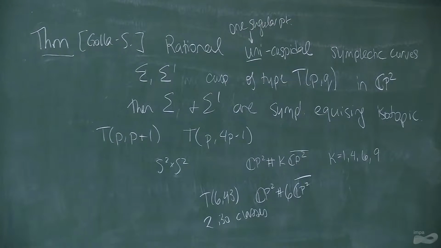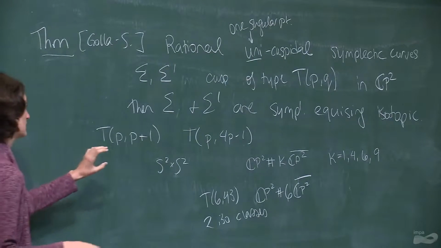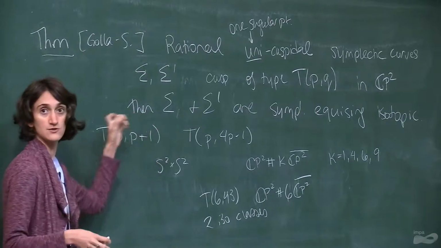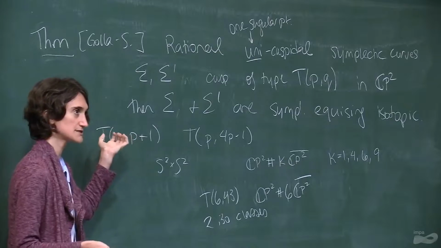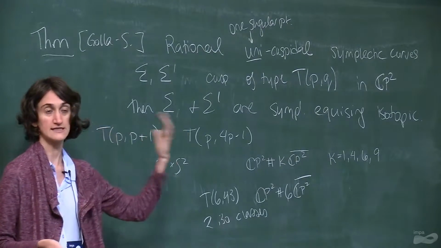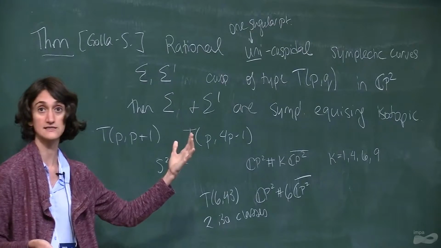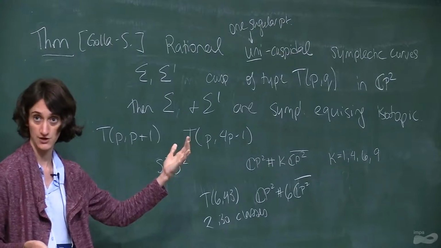So if I start with a smooth curve of certain genus, can I deform it to one of these guys? That's a good question. If you had a smooth curve of, say, high degree, and you could deform it to one of these guys, I think you could use that to show that it's symplectically isotopic to a smooth curve.